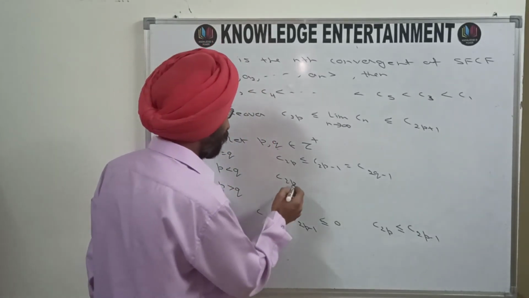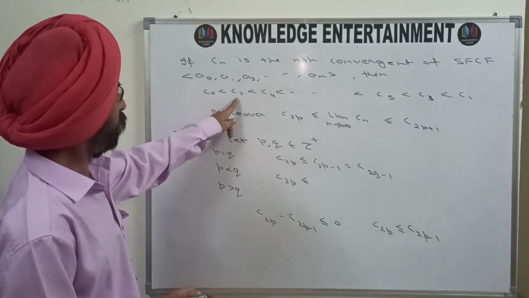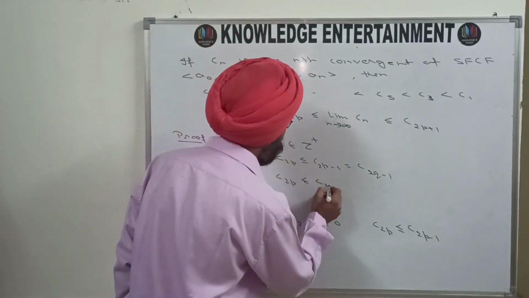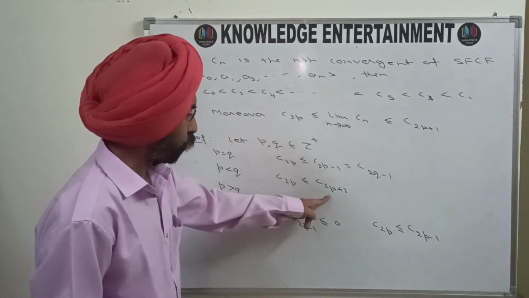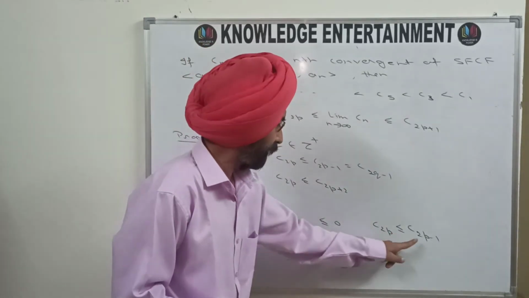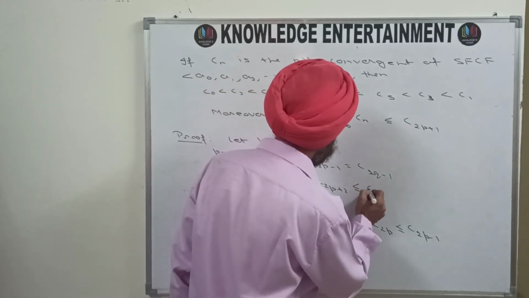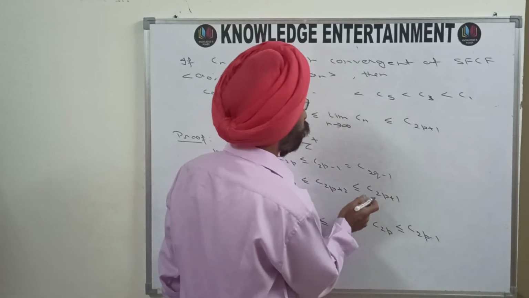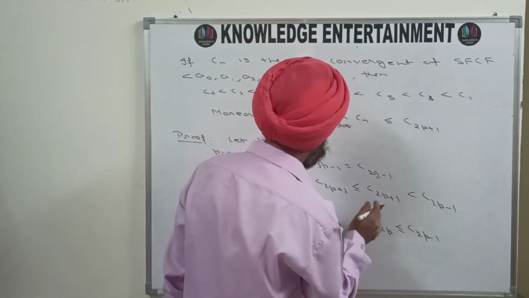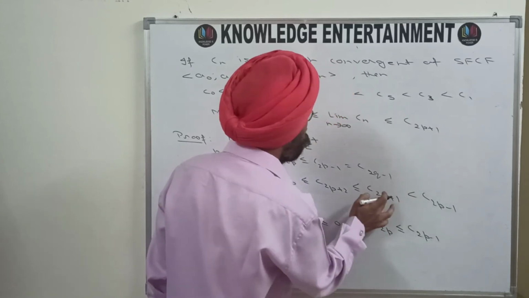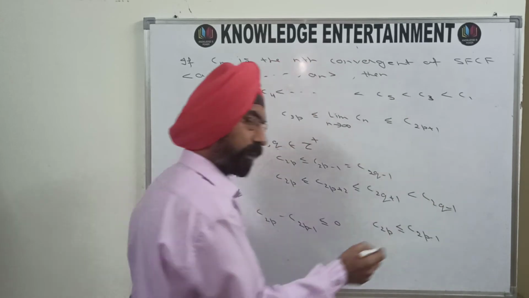C2p is less than or equal to C2p plus 2, and C2p plus 2 from here is less than or equal to C2p plus 1, and C2p plus 1 is less than C2q, sorry, not p, q. So it is less than C2q minus 1.